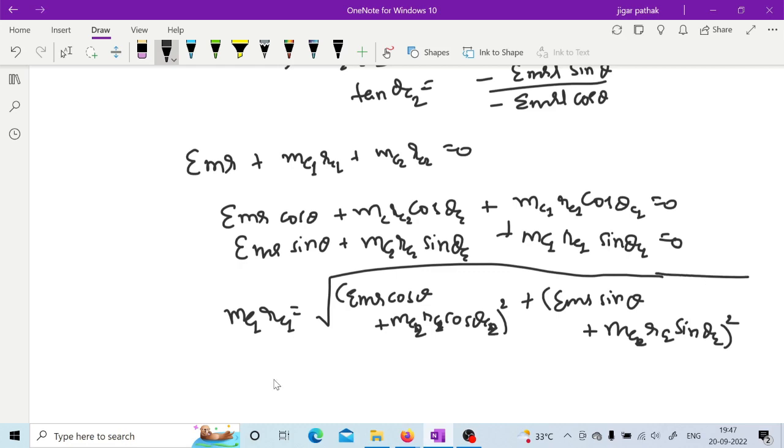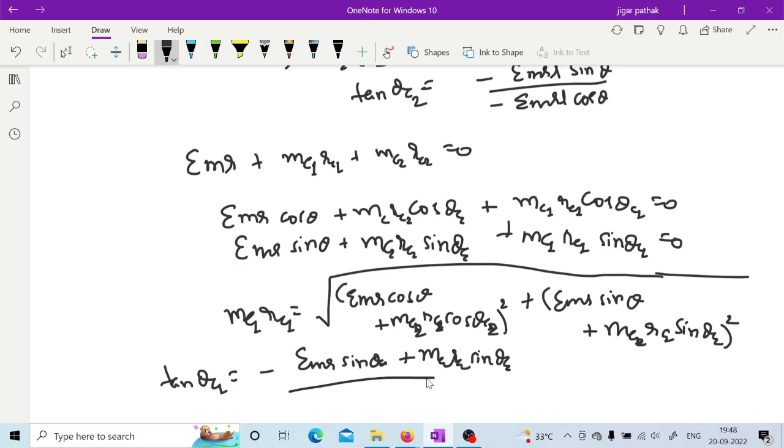And again for tan theta C1 you will have minus sigma mr sin theta plus MC2 RC2 sin theta C2 divided by minus sigma mr cos theta plus MC2 RC2 cos theta C2.